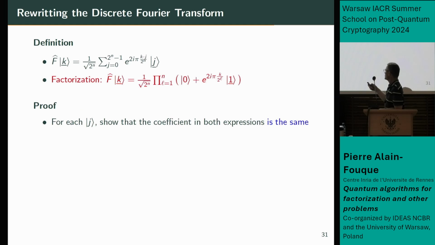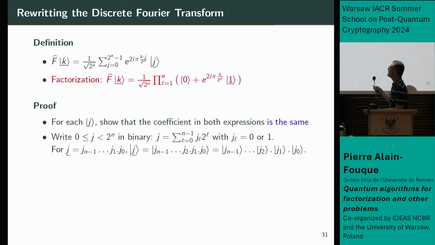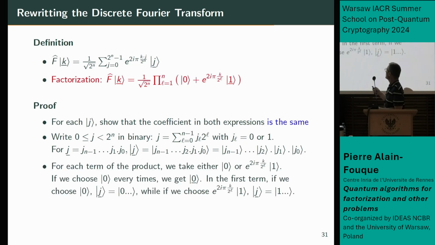The idea of showing that these two definitions are equivalent is that for each different value k, you can prove that the value that you get here, right before the register, is exactly the same for each different value of j. This is just by writing the binary decomposition, and this is not very complicated.